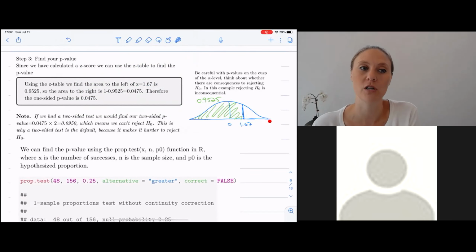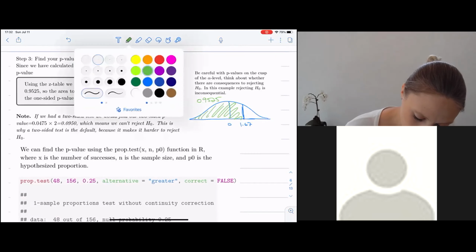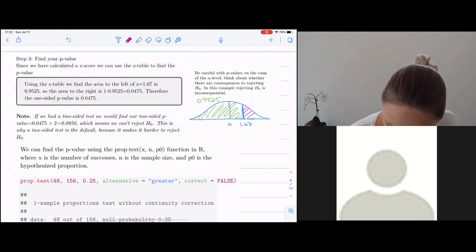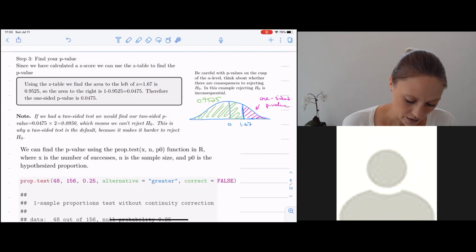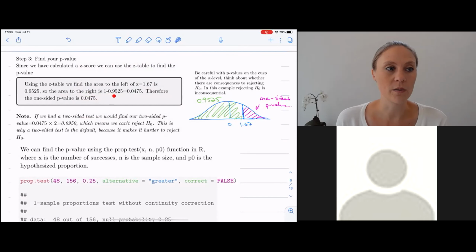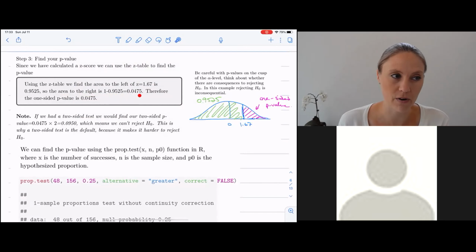That's the definition of the p-value. So this is our one-sided p-value. The area to the right is 1 minus 0.9525, which is 0.0475. Therefore, the one-sided p-value is 0.0475.